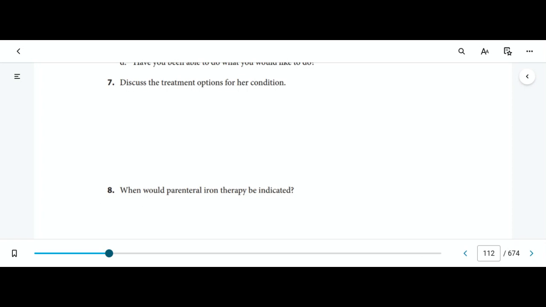Iron-rich foods. So make sure you understand what foods contain iron and what are the best sources. What's the issue with iron supplements? Constipation, yep. What else? GI upset?